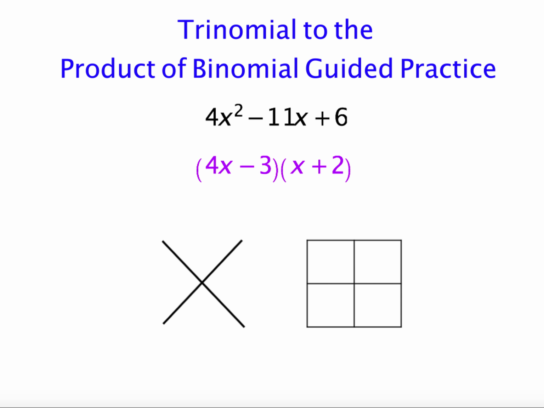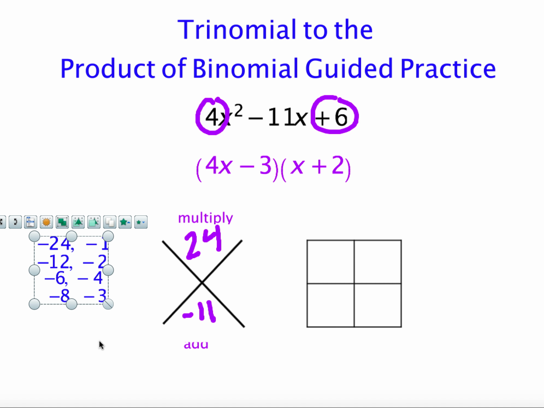So again, we're looking for two numbers. I'm going to go through this quickly so you can hopefully identify quickly your issues. We're looking for two numbers that multiply to a times c, which is 24, and add to negative 11. I already have a bunch of factors that I tried that multiply to 24, and I was looking for two that add to negative 11.